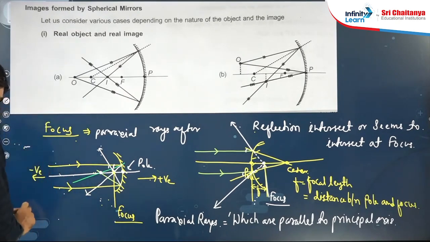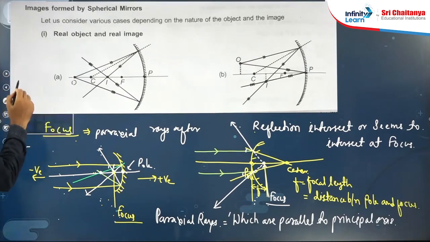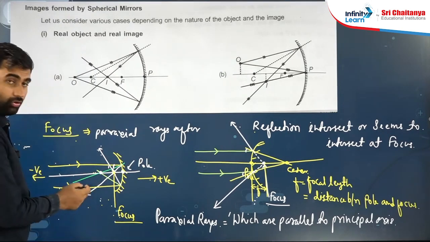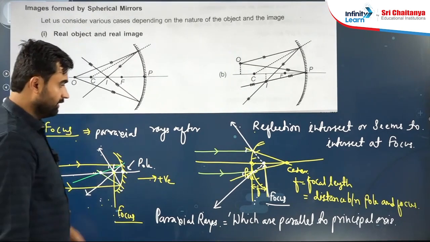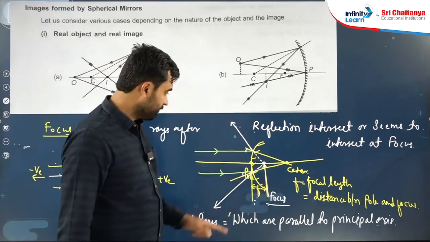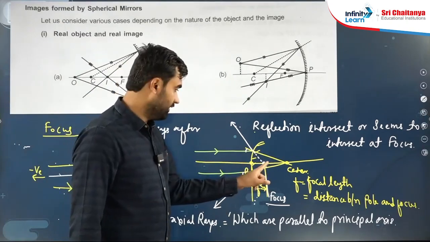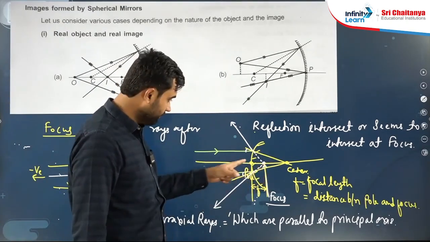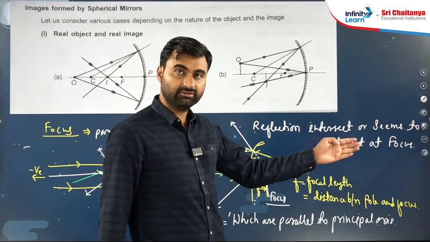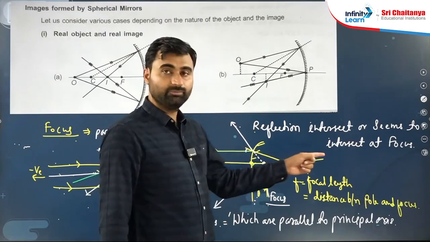Okay, so you have to remember this point. In the next slide I will write it, that focal length is negative for concave. Now understand for convex. Here is the pole, here is the focus. We are moving pole to focus in this direction. So this direction is positive. Why?